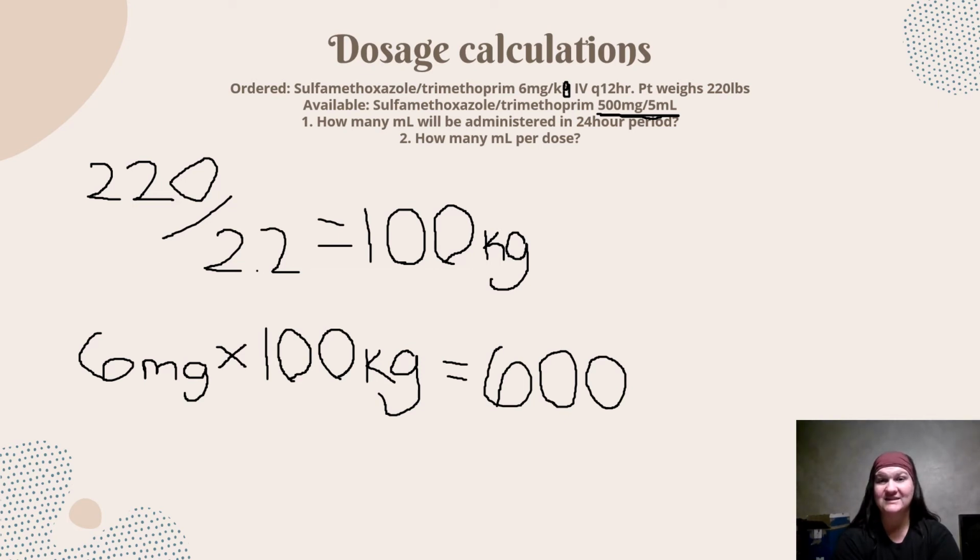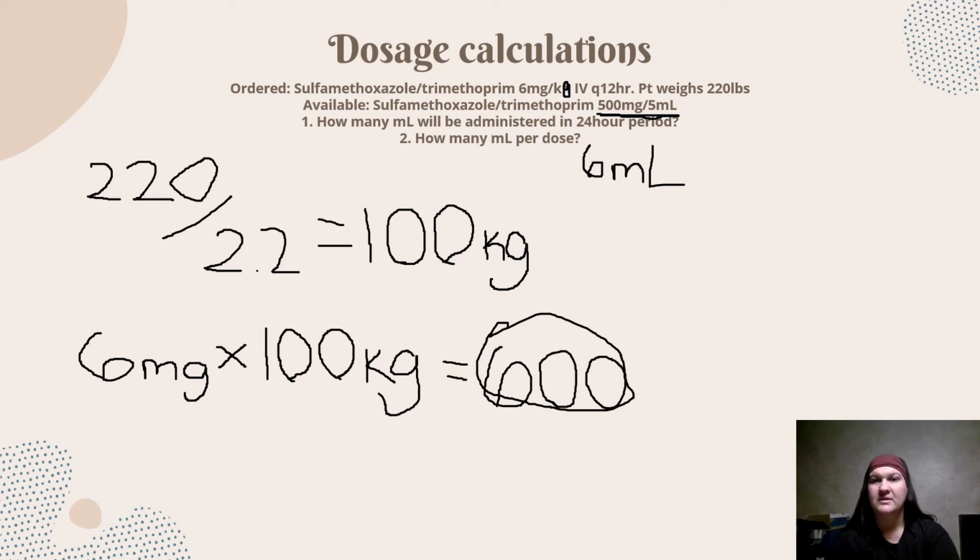So if we need 600 milligrams, we know we need 6 mLs per dose. Because it's 100 milligrams per 1 mL, we can clear out that common factor. And then, again, 600 milligrams is 6 mLs.